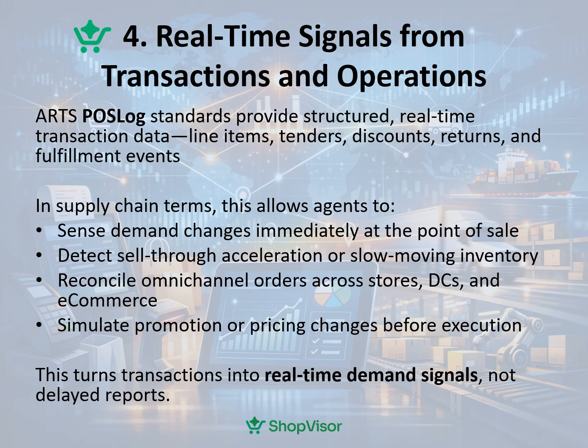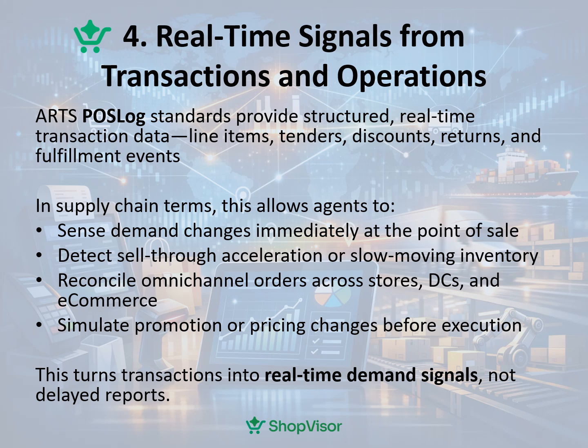Number 4, we get real-time signals from transactions and operations. By carrying item, lot, and country of origin context across planning, logistics, stores, and partners, ARTS enables end-to-end traceability through the supply chain rather than isolated functional views. The ARTS POS log standard provides this structured real-time transaction data: the line items, the tenders, the discounts, the returns, and even fulfillment events.